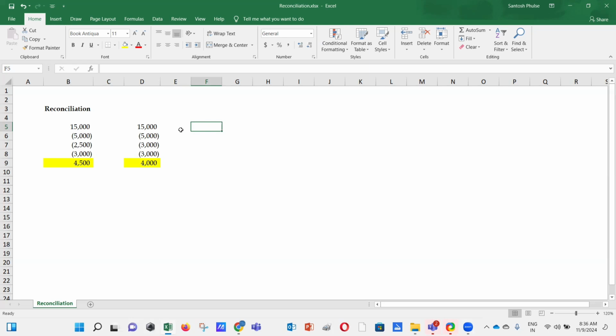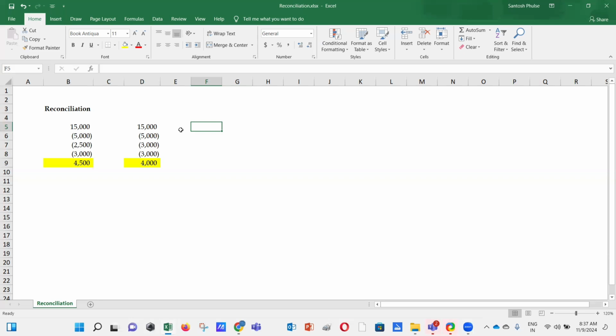Sometimes when you're doing reconciliations, you might get some external data from a different source of information, from different entities: the books of records as per their records, and our books.